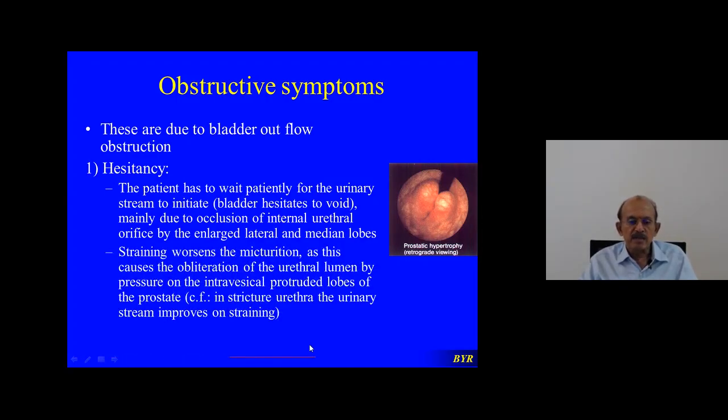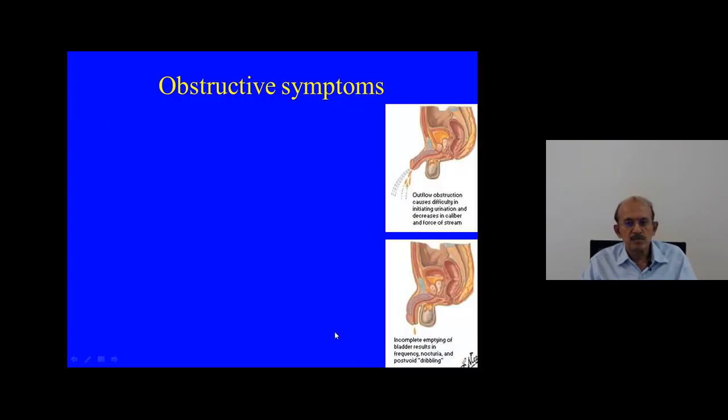If the patient strains to empty his bladder, the straining will cause more pressure on these lateral lobes. They get more closure and the stream becomes still more narrow. The stream will be intermittent and variable.